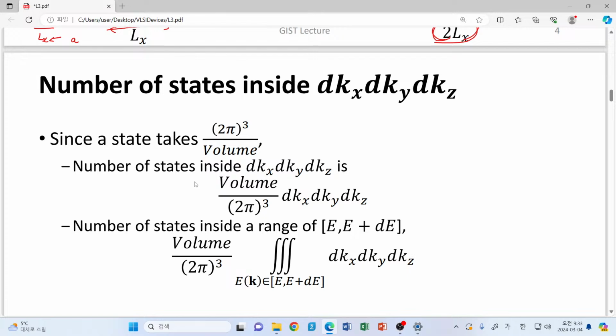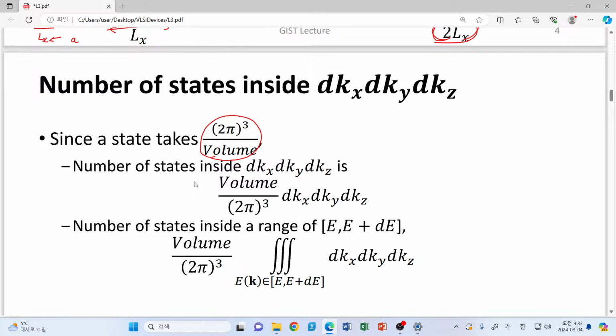Okay, let me just state once again. Now everybody in this room understands that electronic states occupy a volume like this. One single state has this volume in its k space.